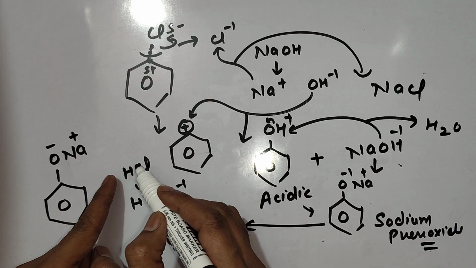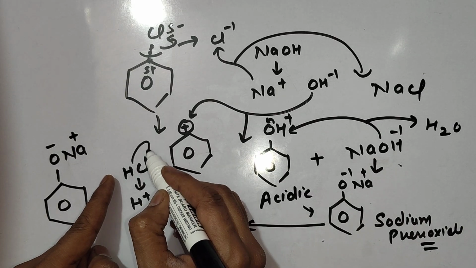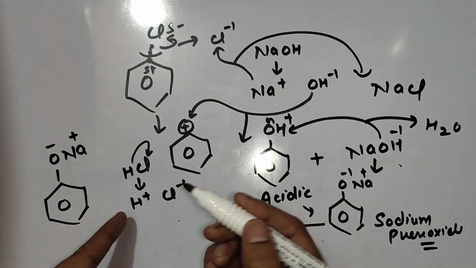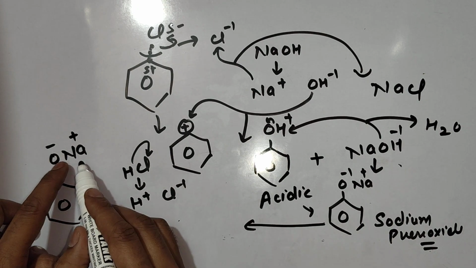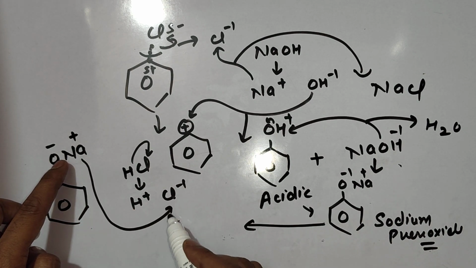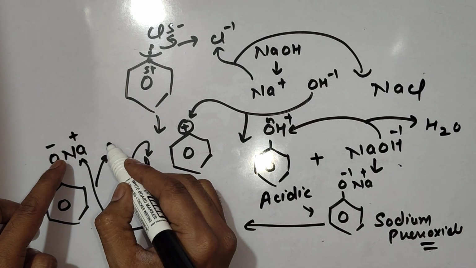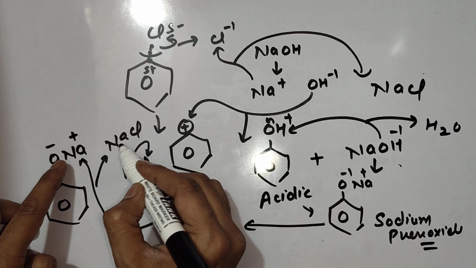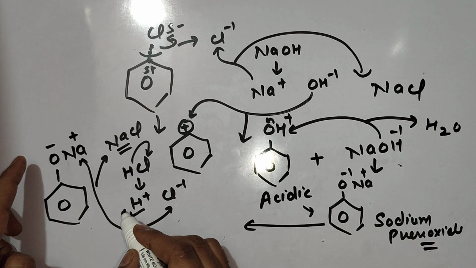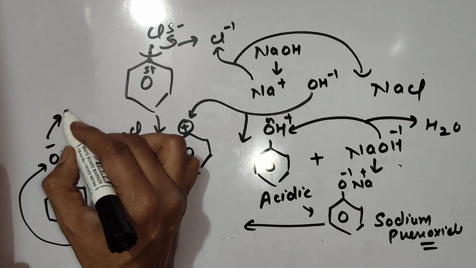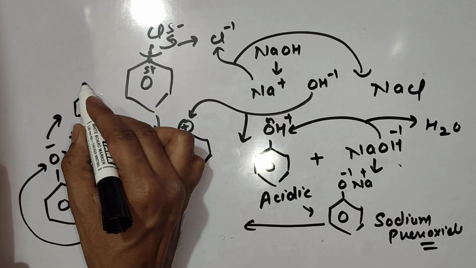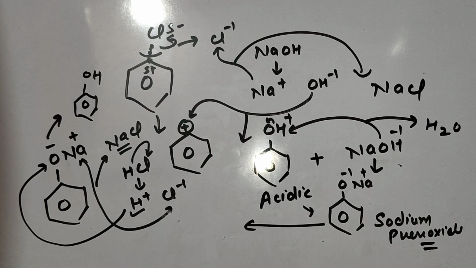Obviously the bond between H and Cl will break, both electrons of the sigma bond will transfer toward Cl, Cl will become negative, and H positive. So the Na positive will attack the Cl negative, NaCl will be released, and H positive will attack the O negative, and finally we will get phenol, OH, like this.